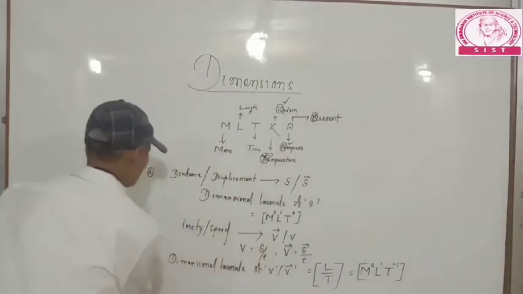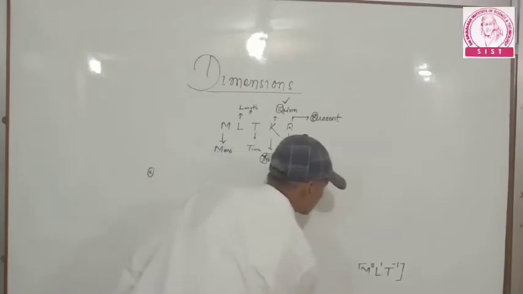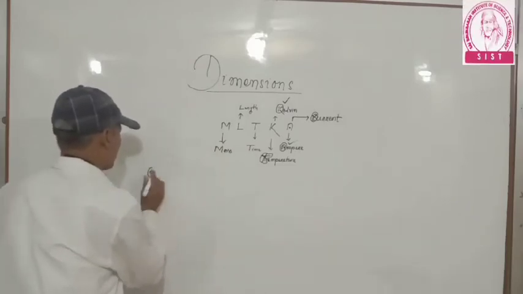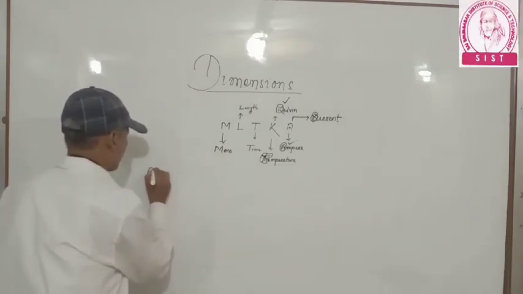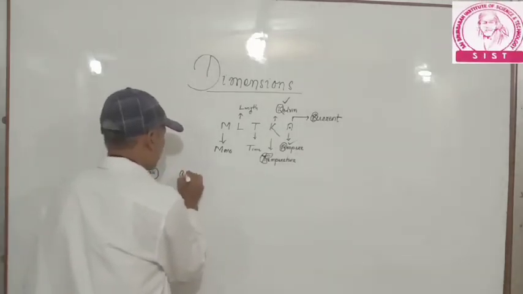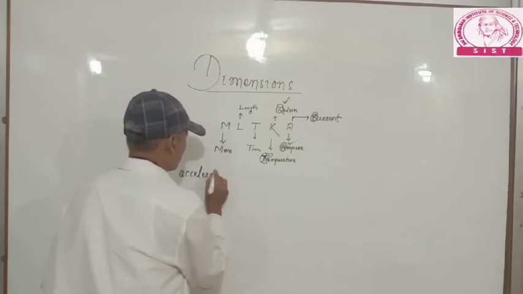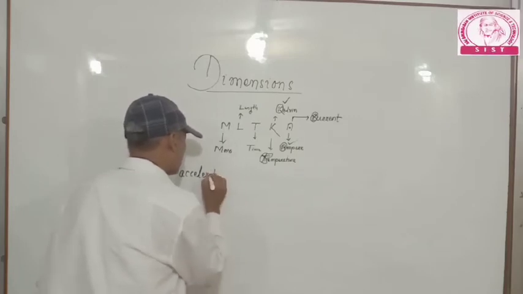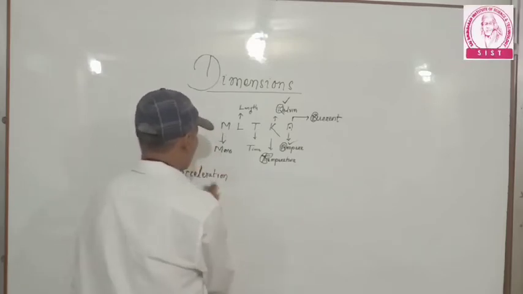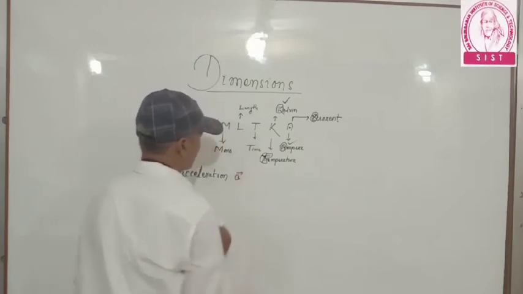Next, third idea. Let's say acceleration. Its simple representation is A. Acceleration is a vector quantity.